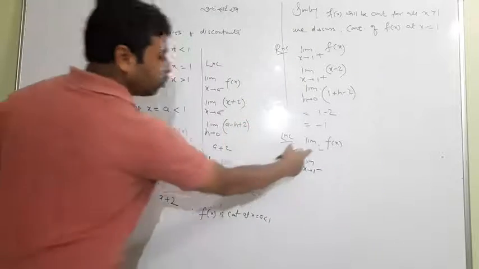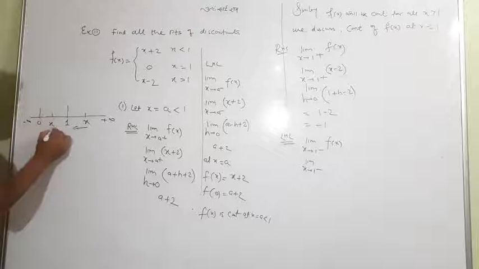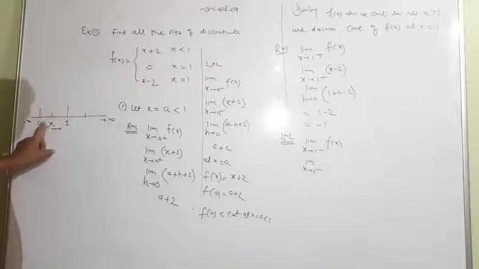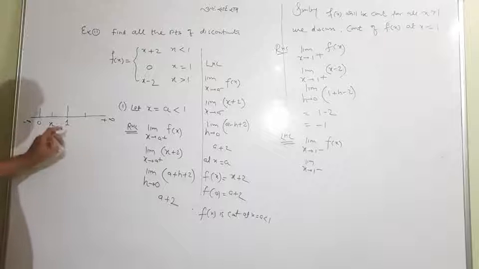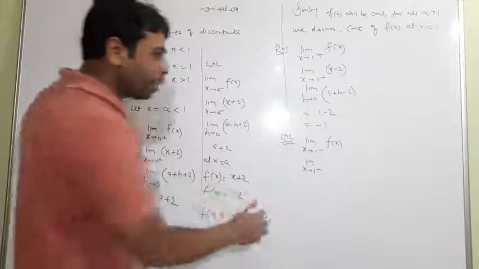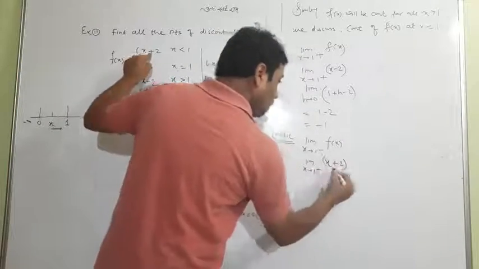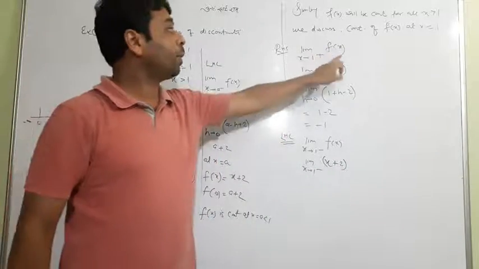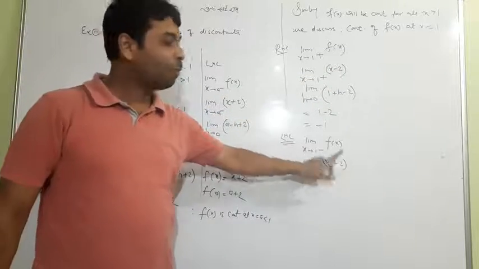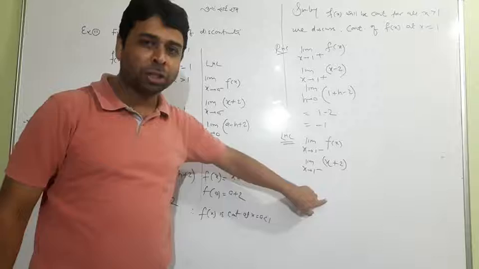When x is coming to 1 from the left direction, if you see the scenario, x is less than 1. When x is less than 1, this comes. Now look at my sentence: for the right hand limit the function was x minus 2, and for the left hand limit the function changes. And when the function changes, the value might change. Like what?